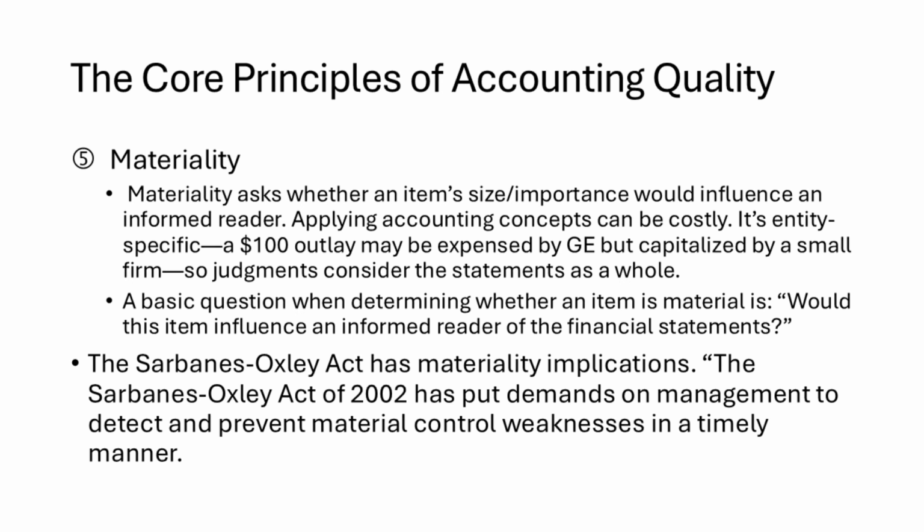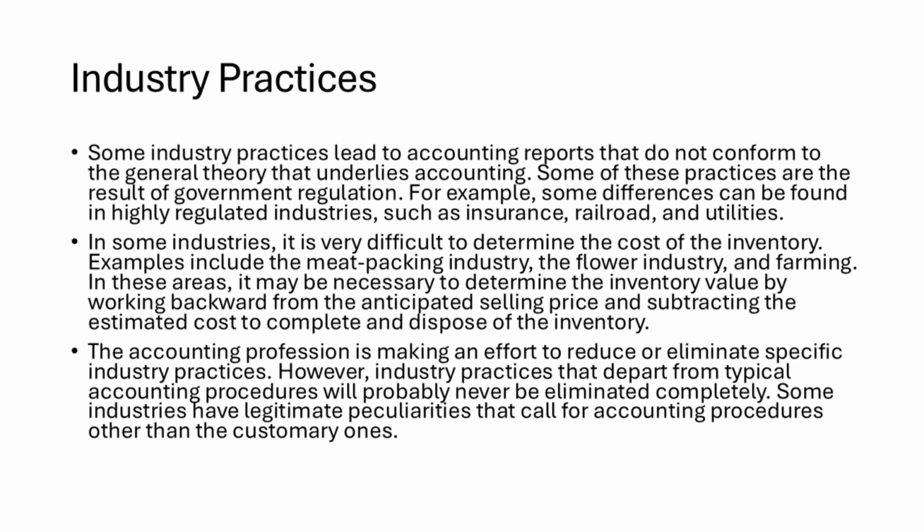Some industry practices lead to accounting reports that do not conform to the general theory that underlies accounting. Some of these practices are the result of government regulation. For example, some differences can be found in highly regulated industries, such as insurance, railroads, and utilities.